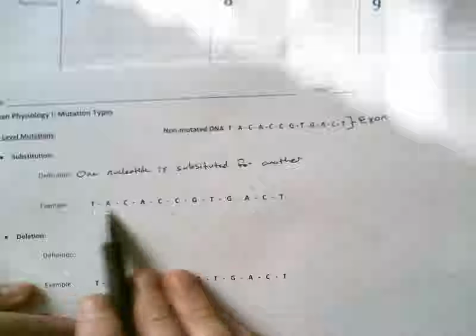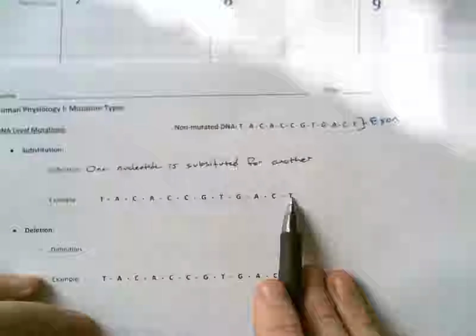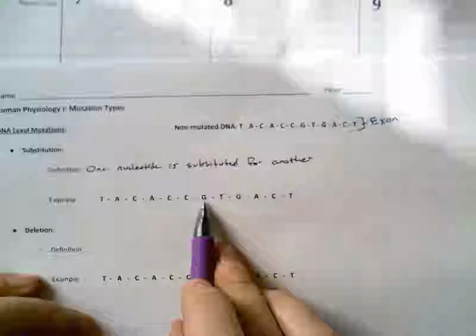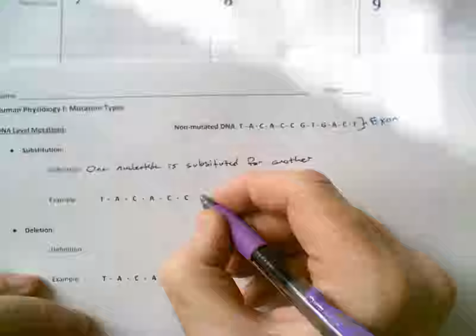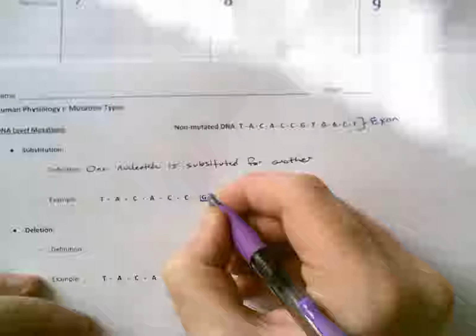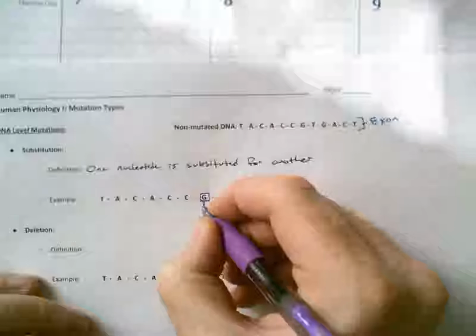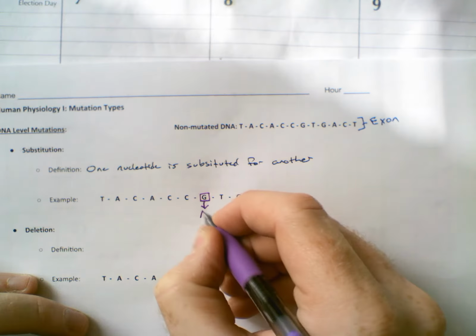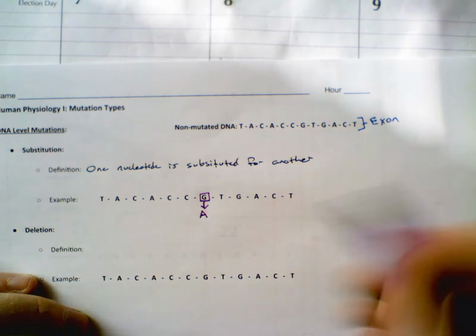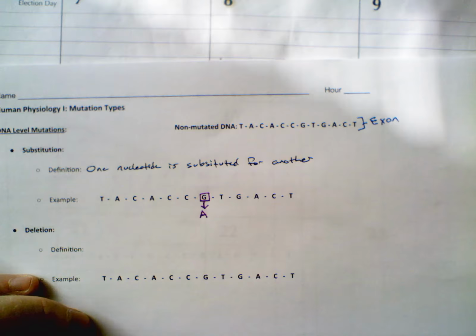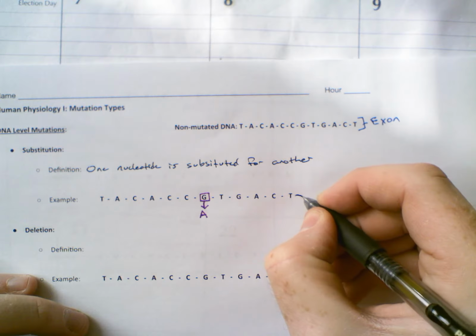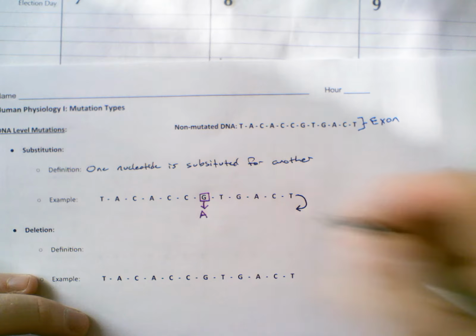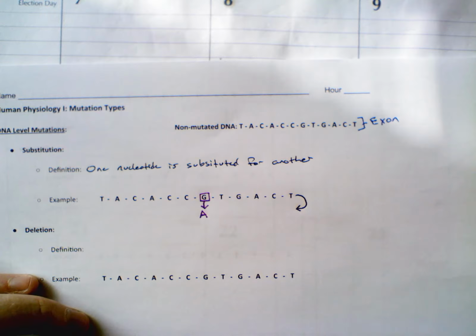So if this is our gene, this is the original sequence. If I were to do a substitution, let's take this G right here, this guanine, and we are going to substitute it with an adenine. So use your mutation color. That is the actual mutation.